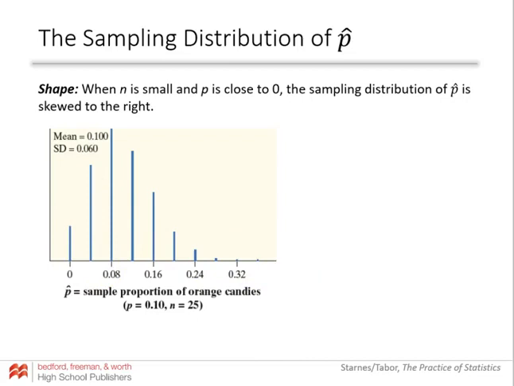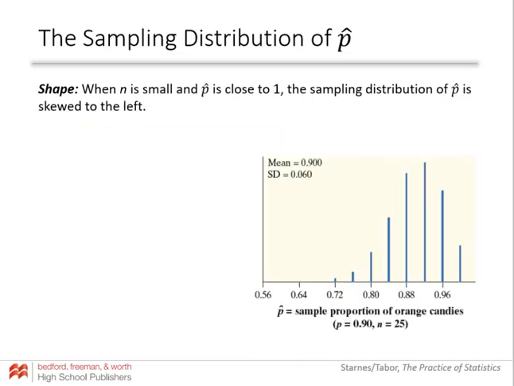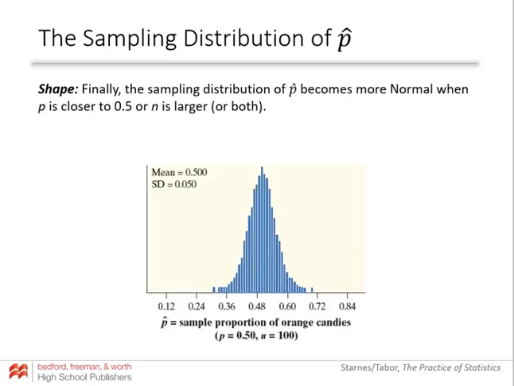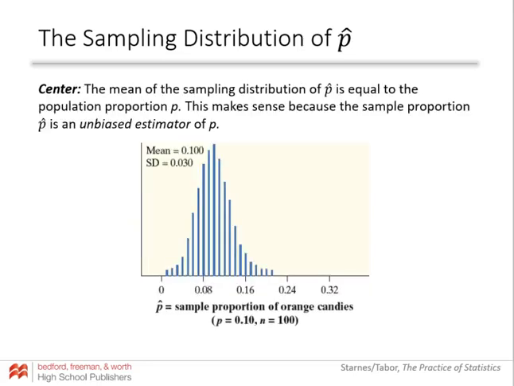The opposite would be true if P is close to 1, then it's going to be skewed to the left. When P is close to 0.5 or when the sample size gets bigger, then the distribution becomes more symmetric or normal. That was for shape.